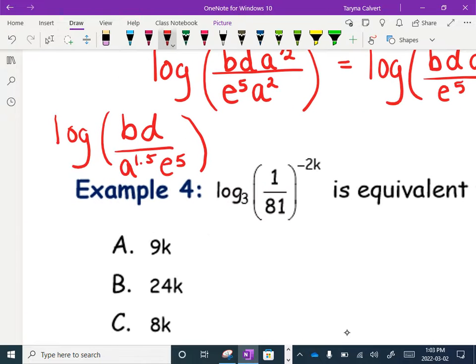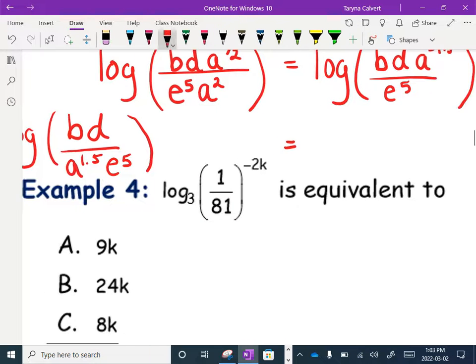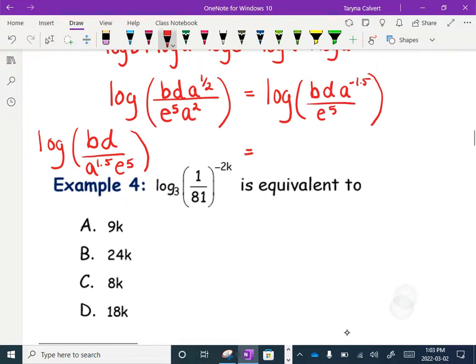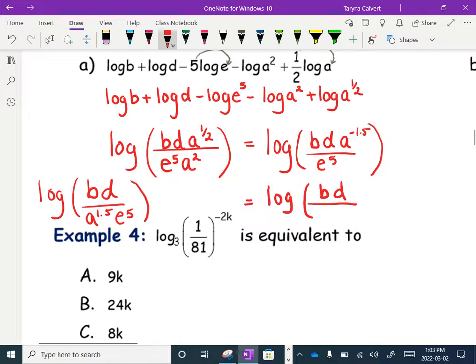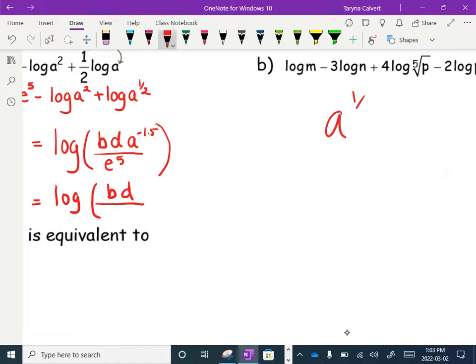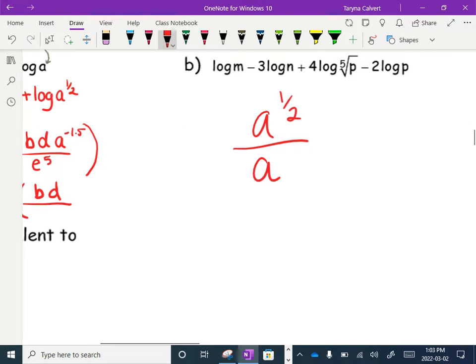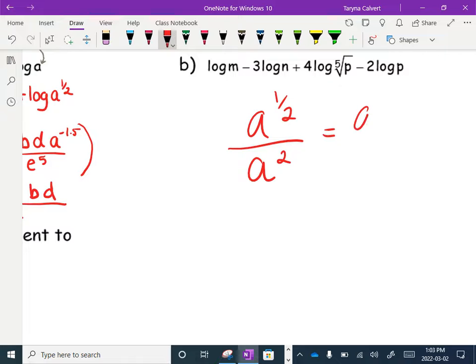Now, would you guys freak out if I wrote it like this? So no, let's go through log laws. If I have A to the half over A squared, guys, remember what do we do to our exponents?